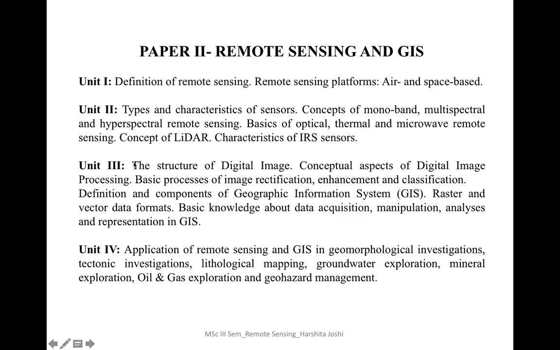Then unit 3 will be the structure of digital image. You already have seen stereo pairs. So now you will study the details of digital images. We will understand the processing of digital image, how they are processed, how they are rectified, how they are enhanced, and how they are classified. Already you are very well aware of what enhancement is.